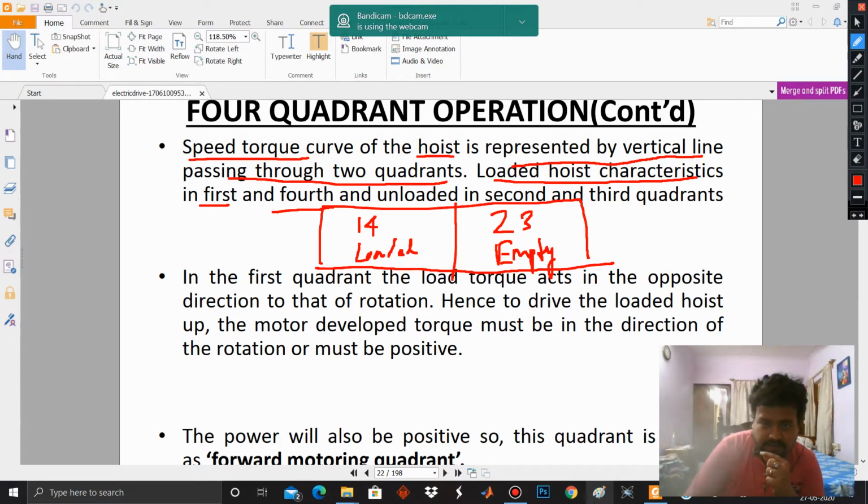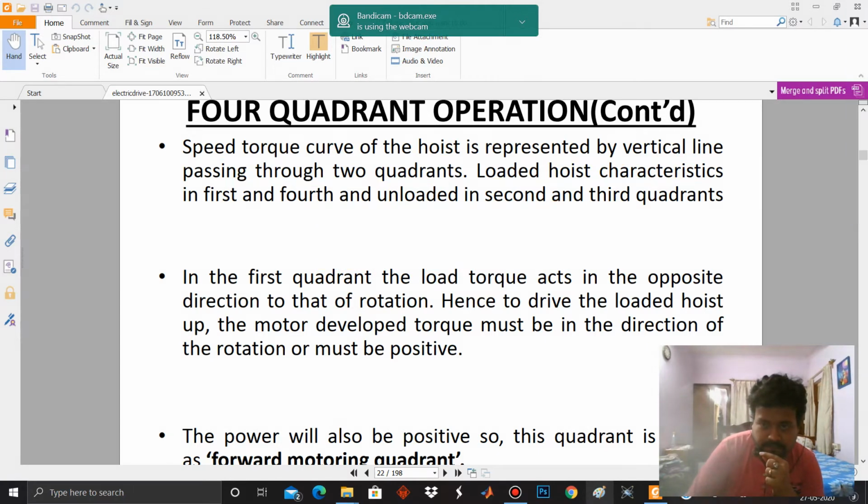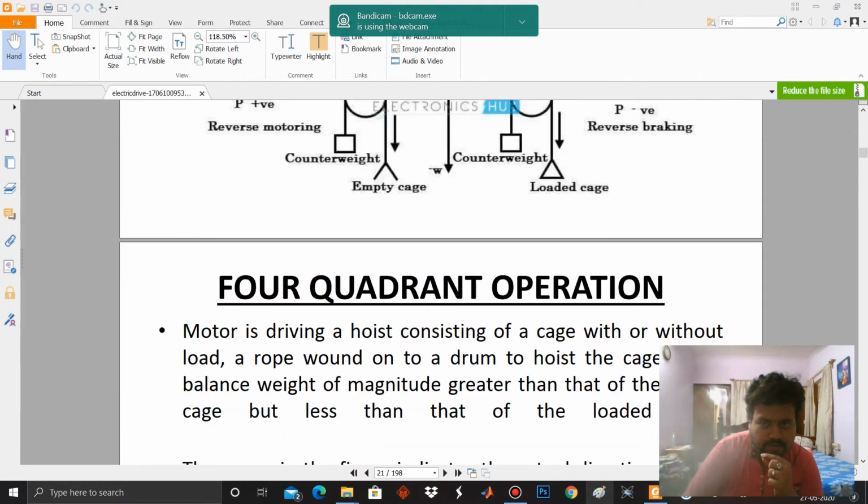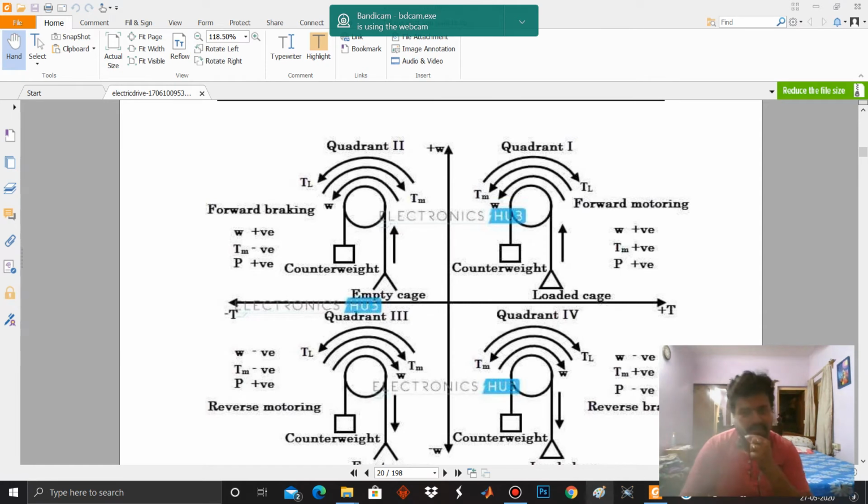In the first quadrant, the load torque acts in the opposite direction to that of the rotation, and hence to the drive of the loaded hoist up, and the motor develops torque that must be in the direction of the rotation and must be positive.